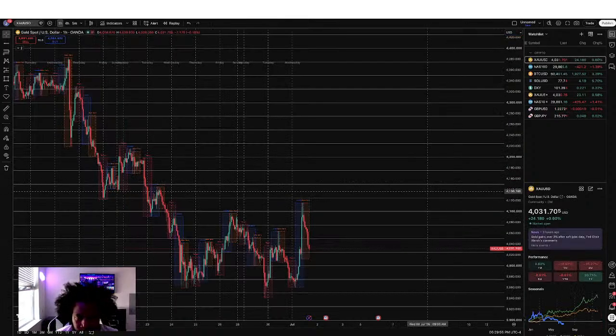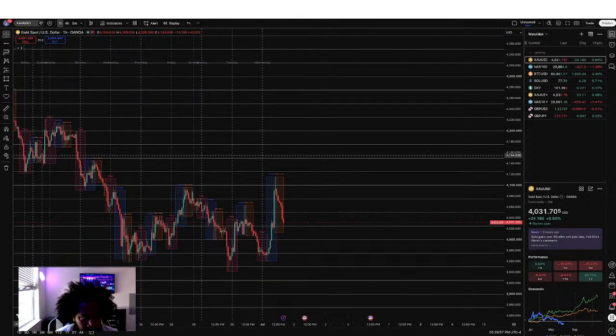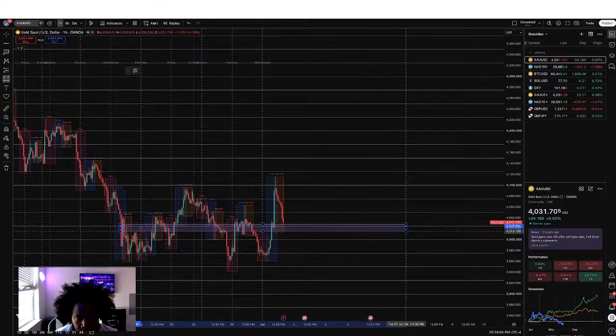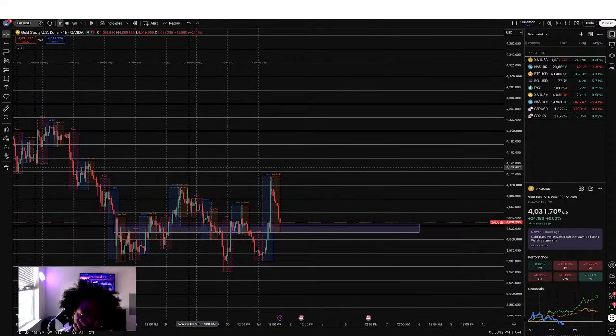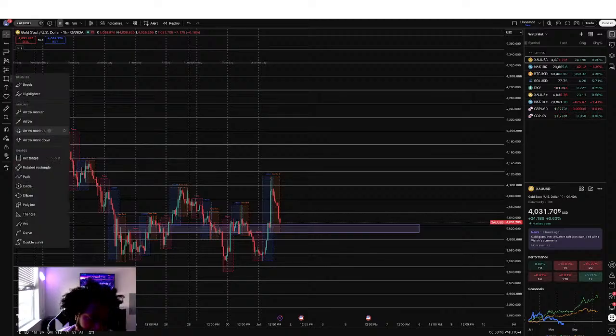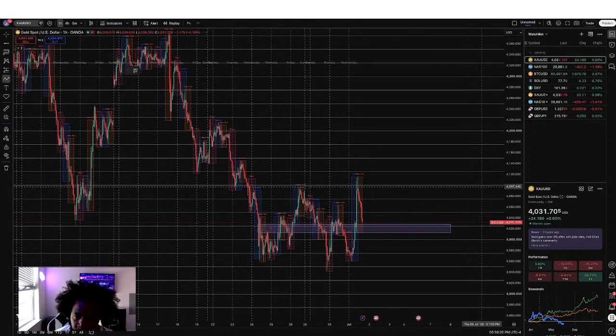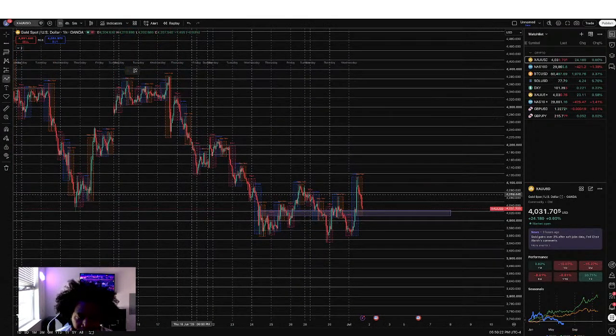All right, for gold. Gold is going to be at a very interesting area. The thing with gold is it's been going down, like it's been melting. A lot of these buys have just been little pullbacks.